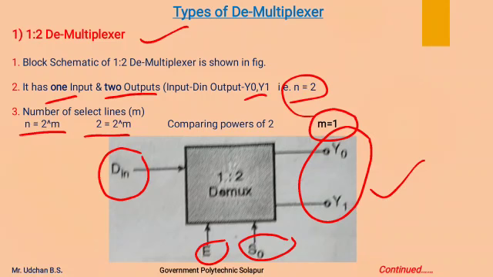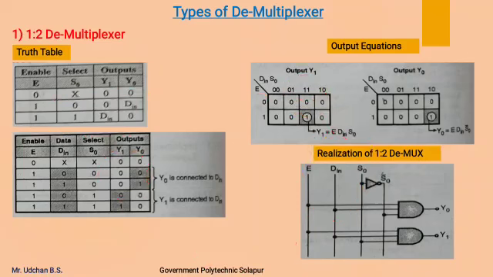Now we will see how to get the logic diagram for this one. So the truth table of the 1:2 demultiplexer has the enable input line, select line, and output lines. For the first case, the enable input is 0.